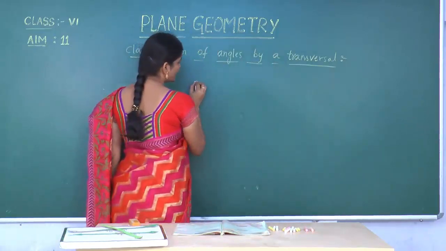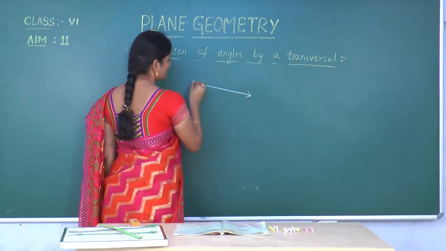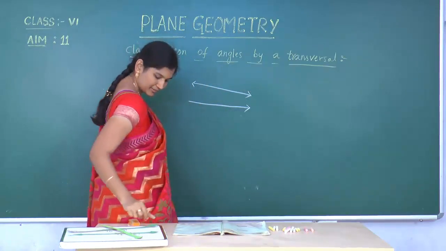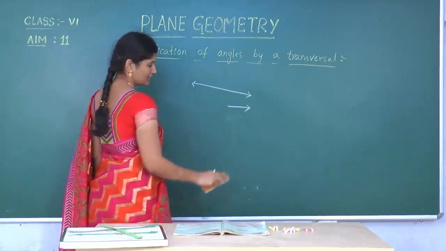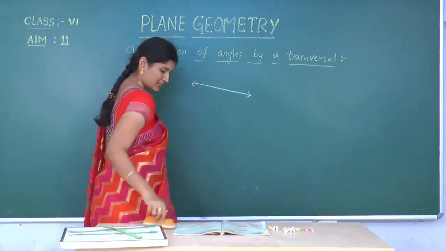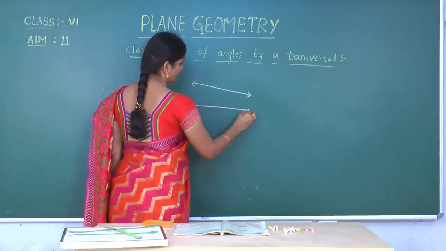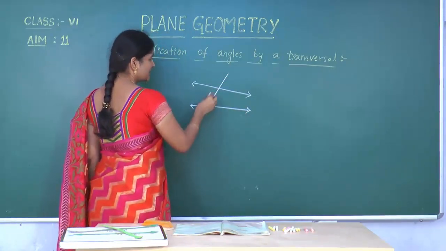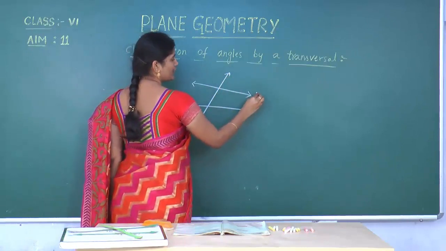Now here I am taking two lines. And this is the transversal as we know.